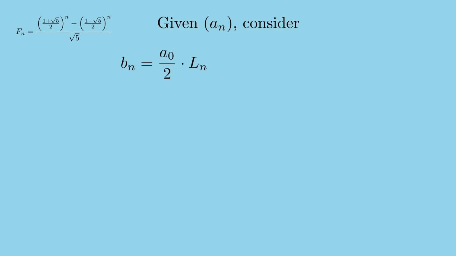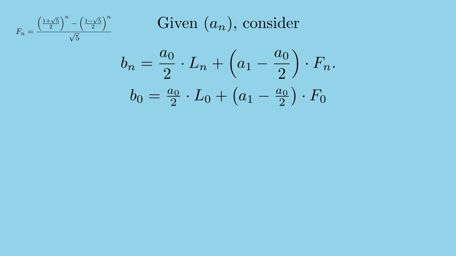The first thing we do is show that there aren't really very many such sequences. In fact, if we take any sequence with its given a0 and a1, we construct the sequence b_n given by a0 over 2 times the Lucas number L_n plus a1 minus a0 over 2 times the Fibonacci number F_n. Notice that b0 collapses down to a0, and b1 is a bit more involved, but it too collapses down to a1.